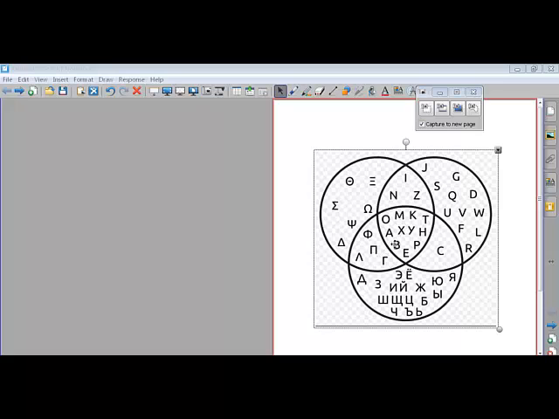Between Greek and English you have these letters: iota, zeta, omega, mu, kappa, tau, alpha. For your assignment, write the letters that are the intersection of all three of these. These are letters that are common to all three of the alphabets.